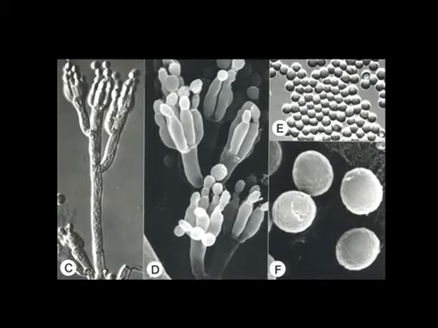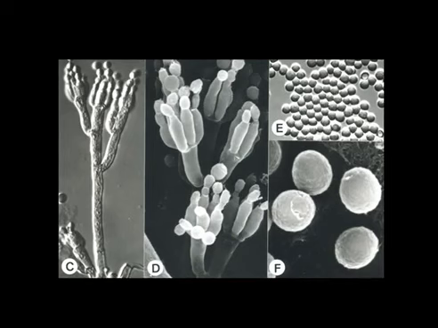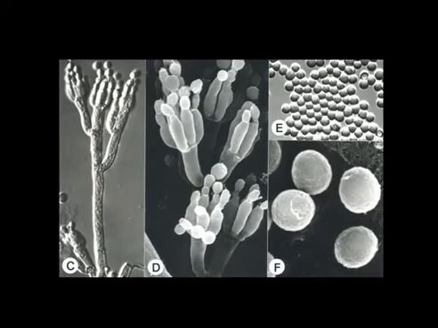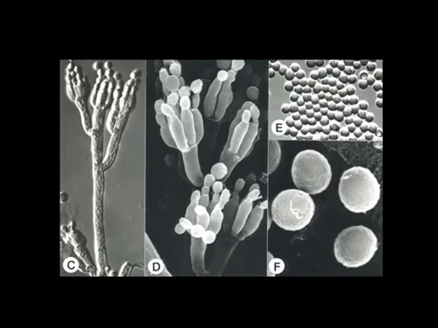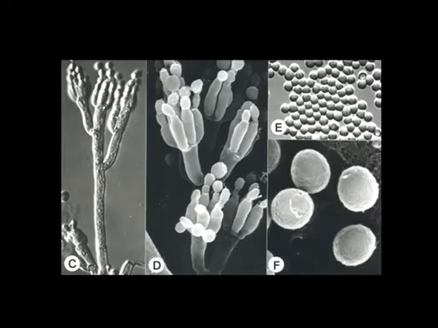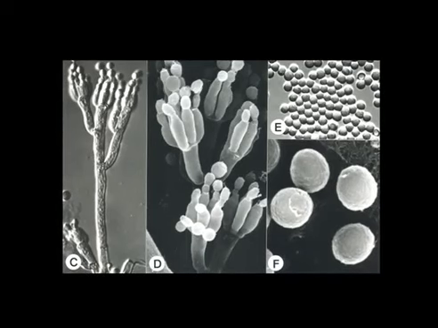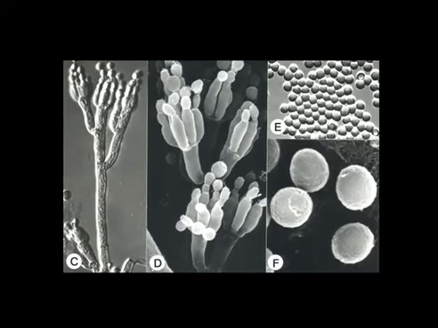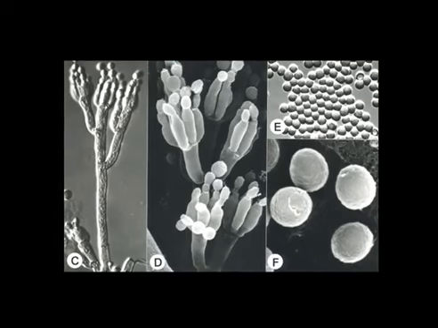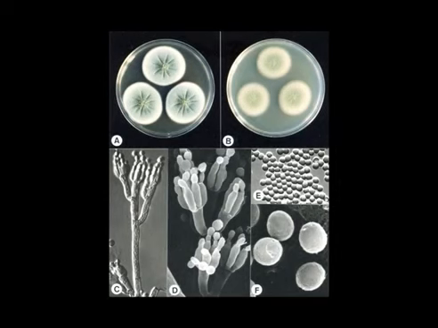Conidiophores are monoverticillate, consisting of an unbranched stipe, smooth to rough, with 10 to 12 phialides, and usually reproduce by forming dry chains of spores or conidia from brush-shaped conidiophores. The conidia are blue to blue-green in color.